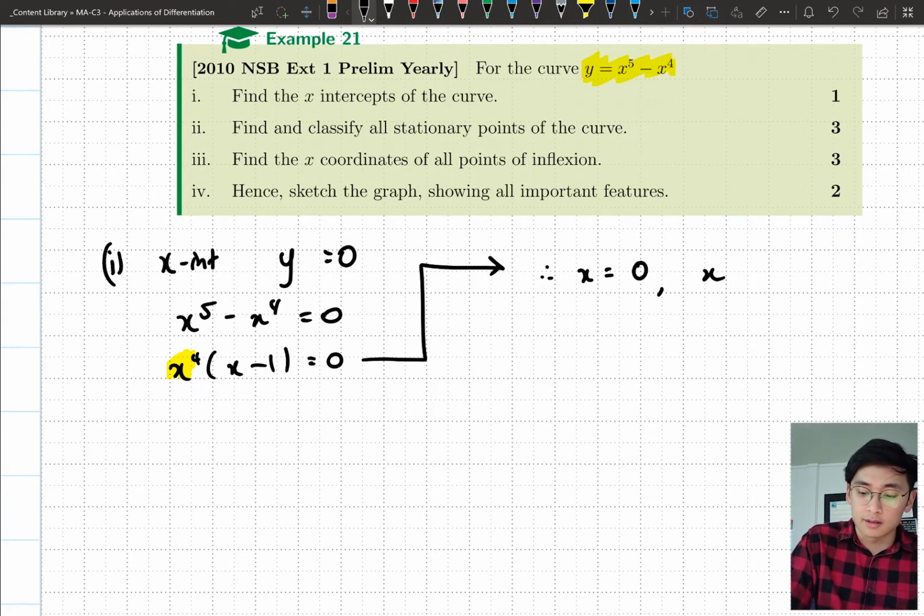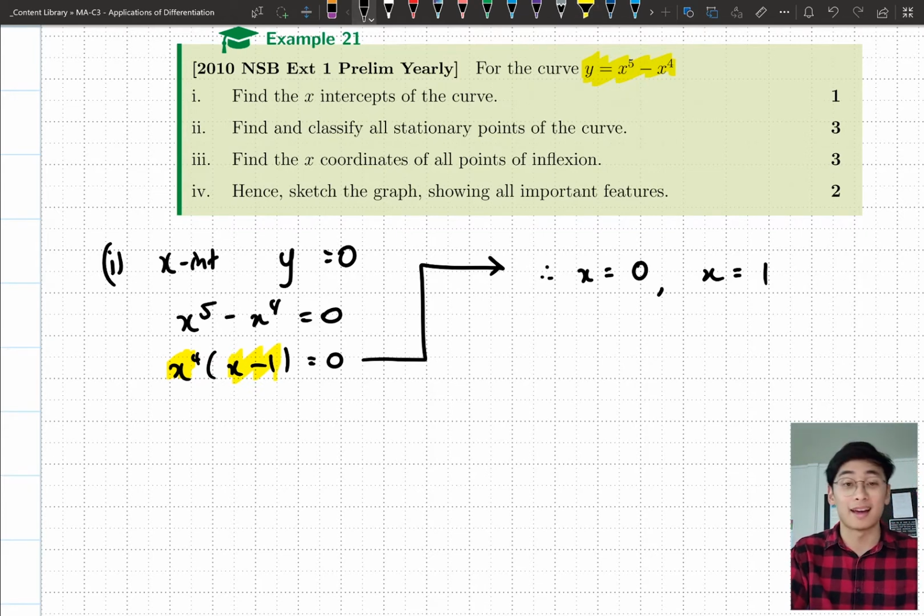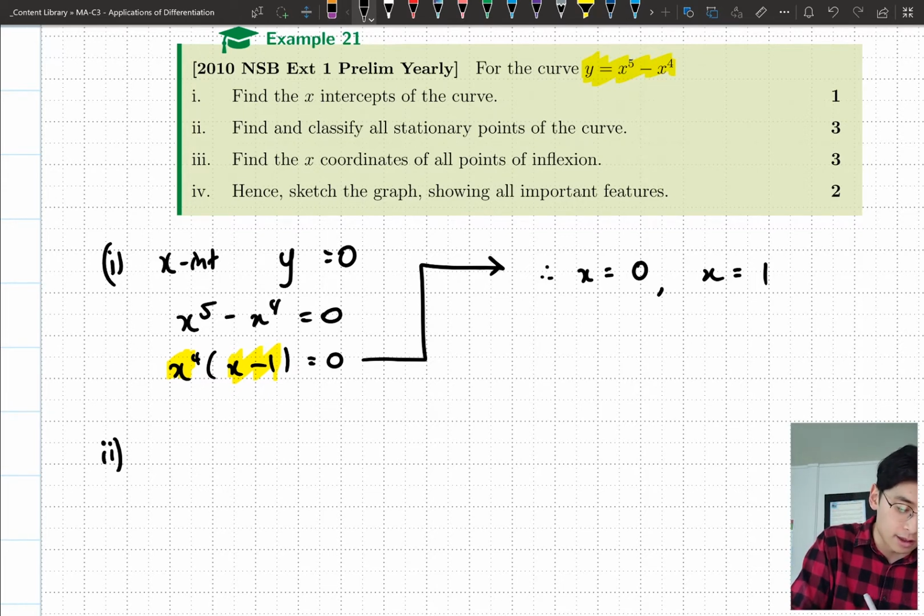And x is also equal to, if you have a look at the next factor, x minus 1, the solution to that is 1. And so those are my two x-intercepts. 1 mark, nice and easy. So when I'm finding x-intercepts, I'm solving for when y is equal to 0. Okay, cool. So I've got my first part done. The x-intercepts, I'm done.